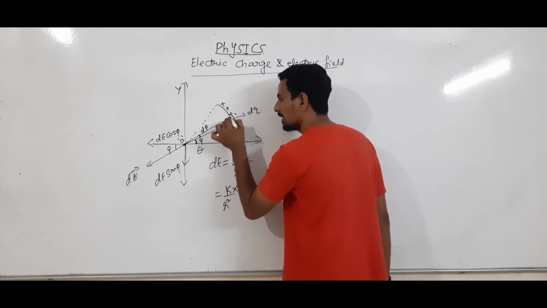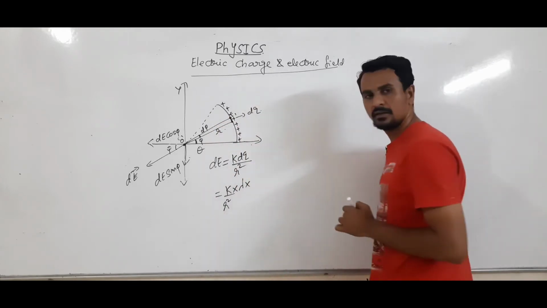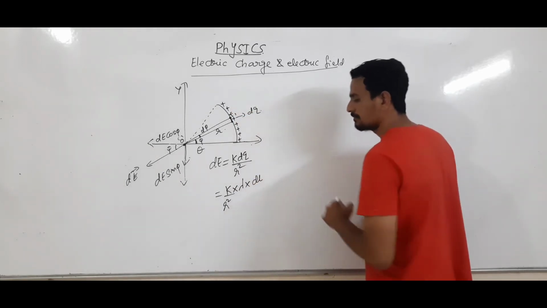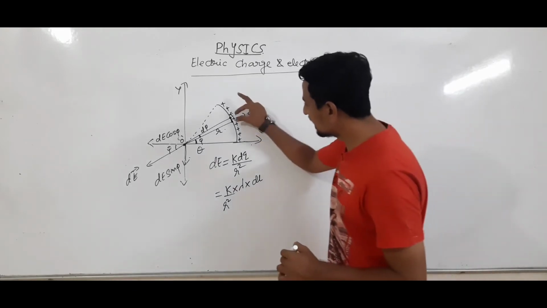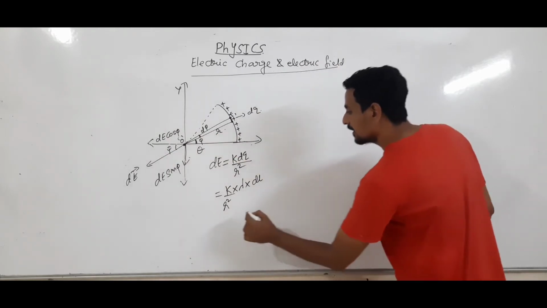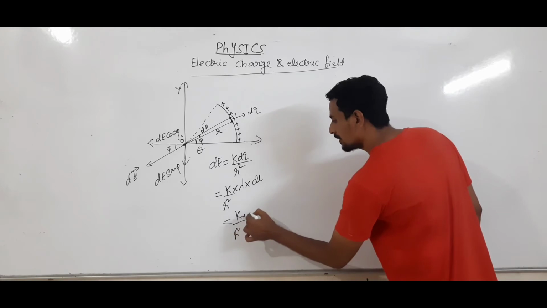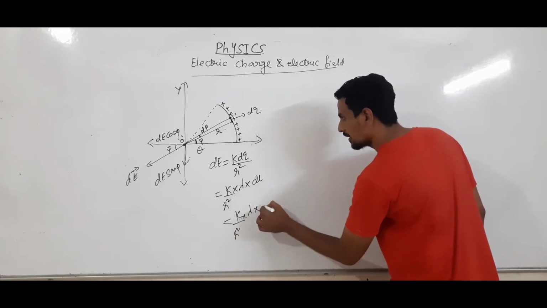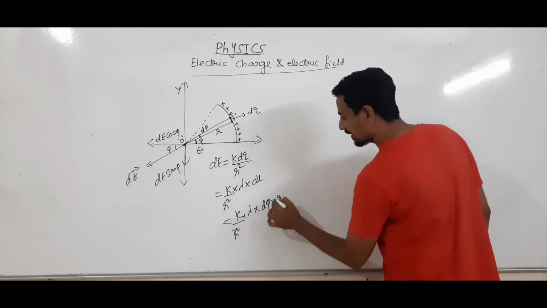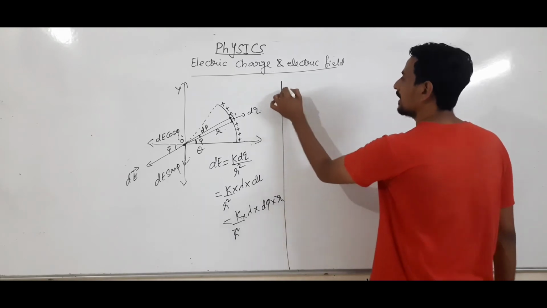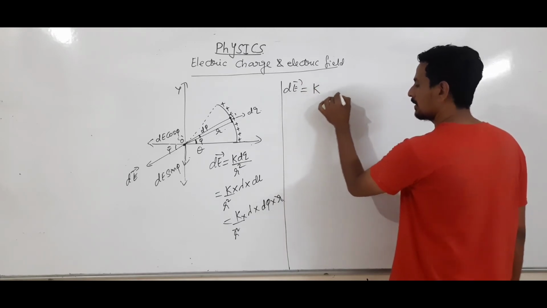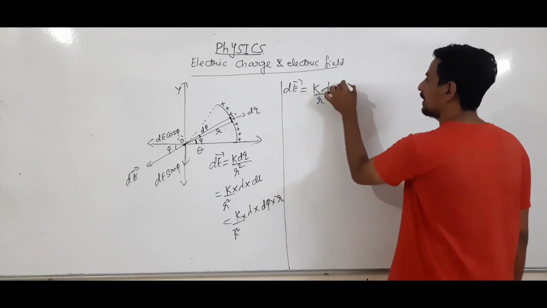This dl can be written as radius into angle, that is r d phi. So dE equals k by r square into lambda into r d phi. This r gets cancelled, so finally dE equals k lambda upon r d phi.